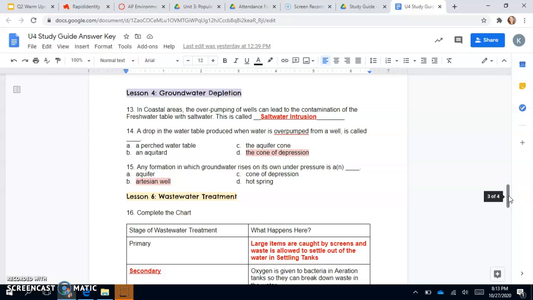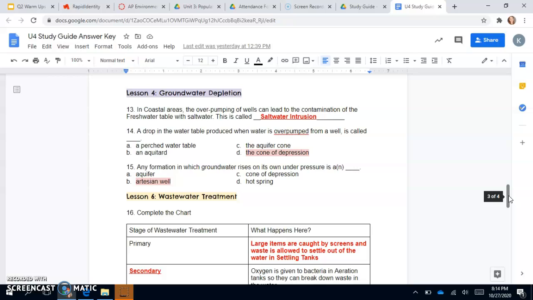So question 13, talking about groundwater depletion, it says in coastal areas, the overpumping of wells can lead to the contamination of freshwater table with salt water. This is called saltwater intrusion, and we've talked about that a few times now, but basically if you live in a coastal area and you are overpumping your well, and you are just using the fresh water at an obscenely large rate, what can happen is that salt water actually gets pulled into the freshwater table and can contaminate the well.